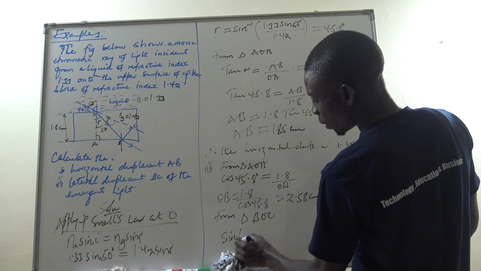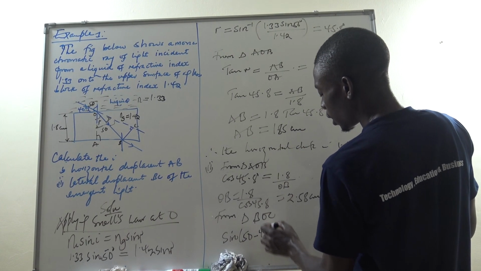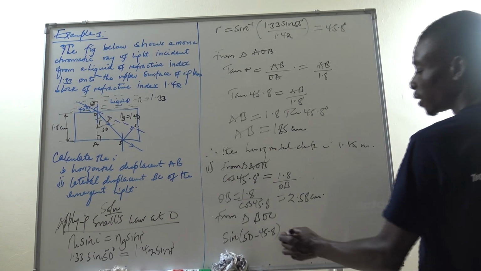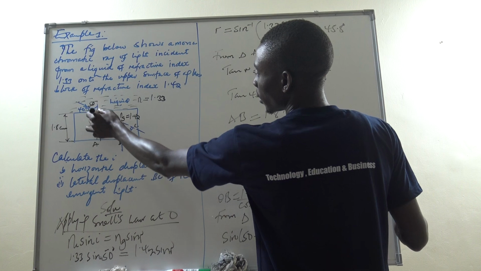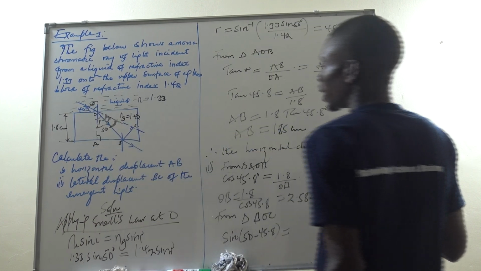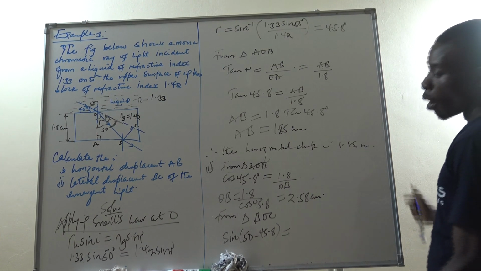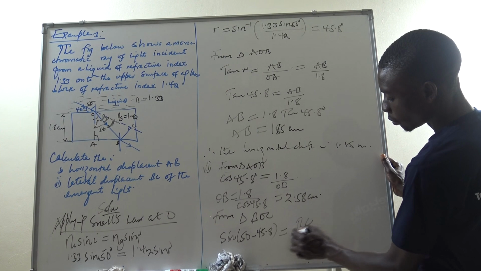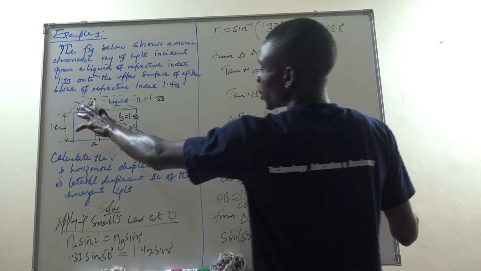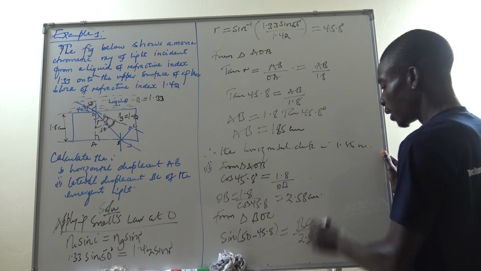So you can say sine of 50 minus 45.8. That is the r, and I mean now this angle here, only this, is equal to the opposite BC out of hypotenuse OB, which is 2.58.